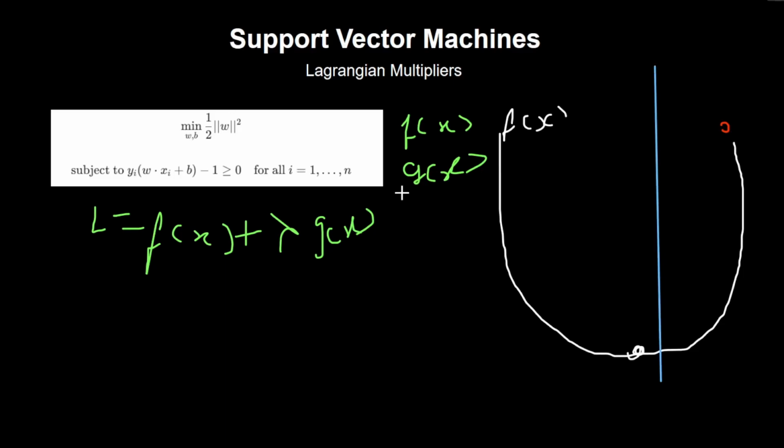It is an inequality. Let's say g of x has values greater than or equal to 0. Let's say this line is where the 0 is present, just suppose, and greater than or equal to 0 means it takes all the values to the right side of this line.